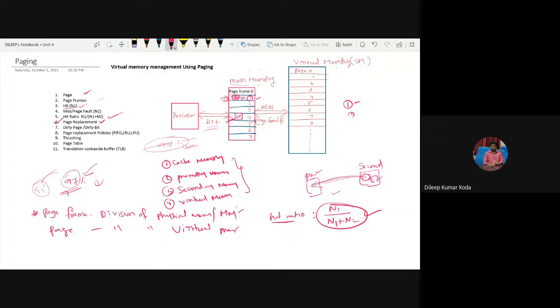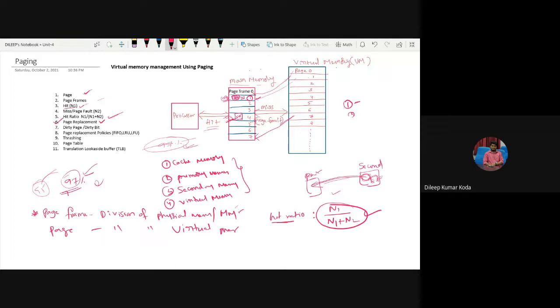By the time you come to page number 7, for example, page number 0 is stored in page frame 0, page number 1 is stored in page frame 1, and so on up to page 7, which will be stored in page frame 7. The moment you come to page number 7, almost all the page frames are filled.